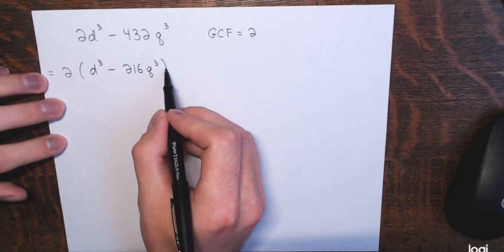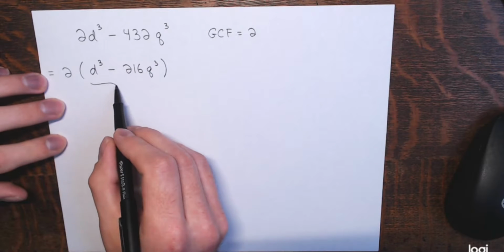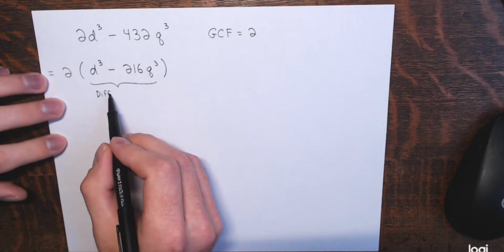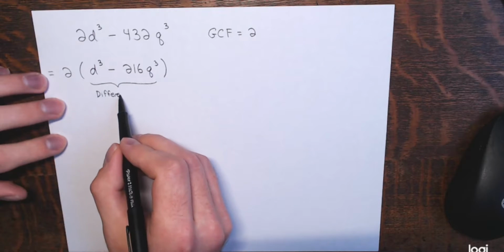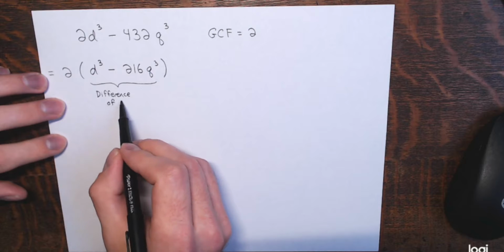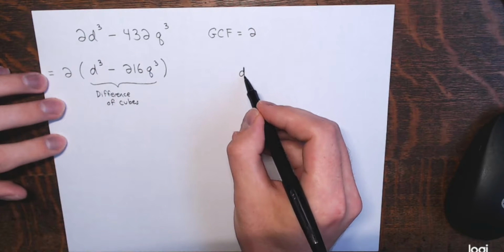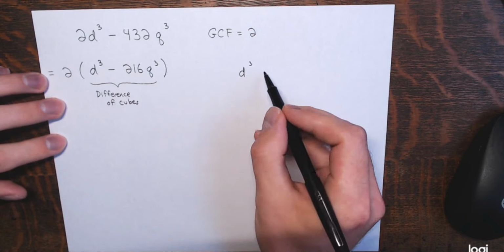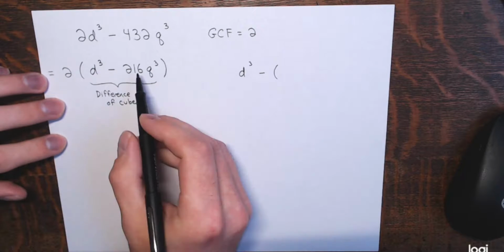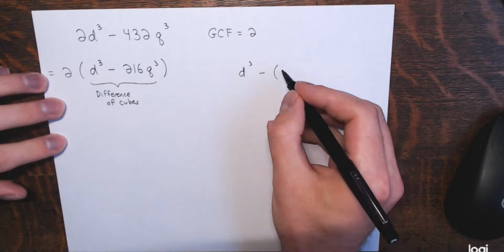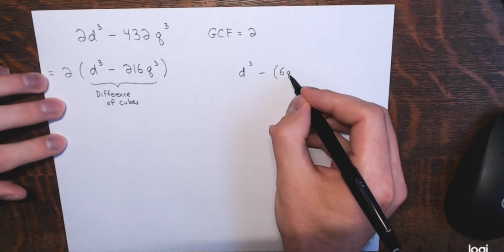Right, and then this binomial factor here, you'll see it's a difference of cubes, and once again I'll do it off to the side. This is a difference of cubes. So definitely d to the third, right? That's a cube. Minus, and then 216q cubed is 6q to the third power.